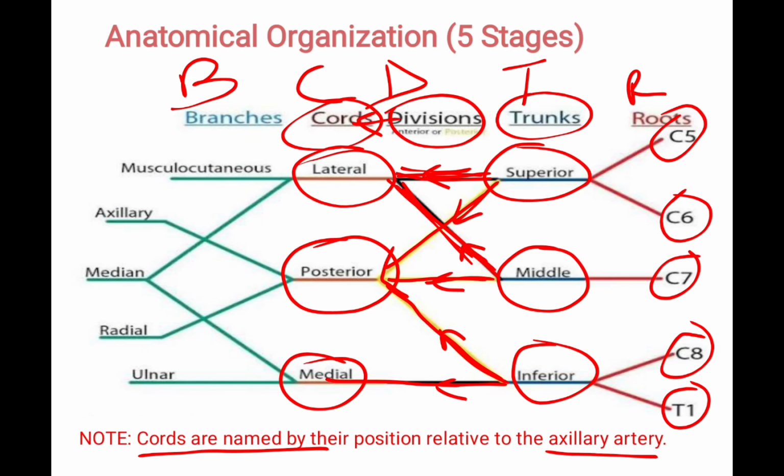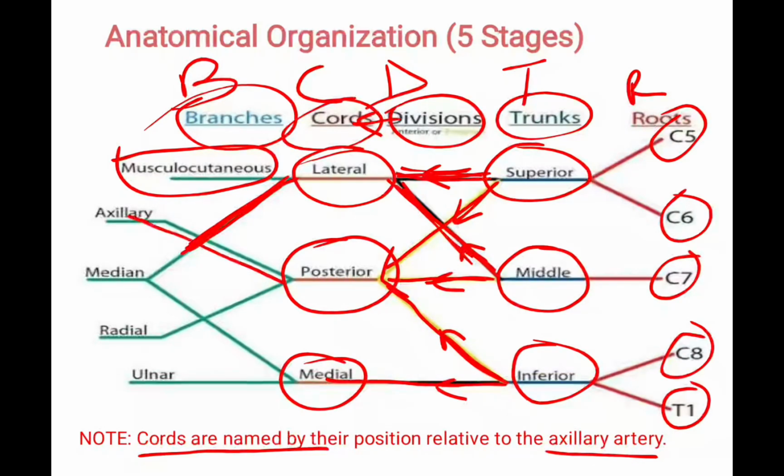Now let's look at the major branches. The lateral cord gives rise to the musculocutaneous nerve and provides a contribution to the median nerve. The posterior cord gives rise to the axillary nerve and the radial nerve. The radial nerve is the largest branch of the brachial plexus.